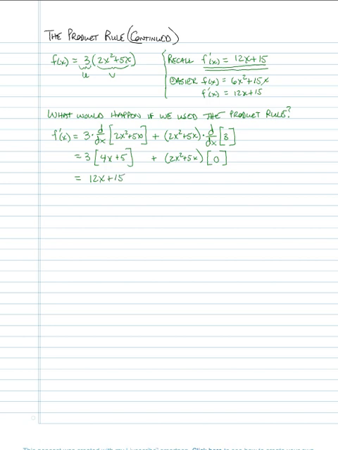And of course, over here on the right side of the plus sign, we have something times 0. Well, something times 0 is always going to give 0. So we certainly just have a plus 0 there. And so the final result is 12x plus 15, which is the result we should have gotten. We know that. This is just a longer way than was necessary.